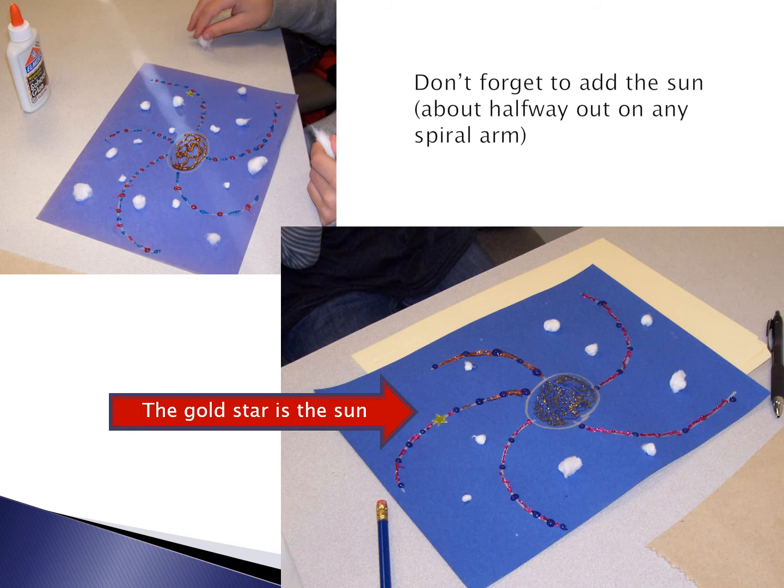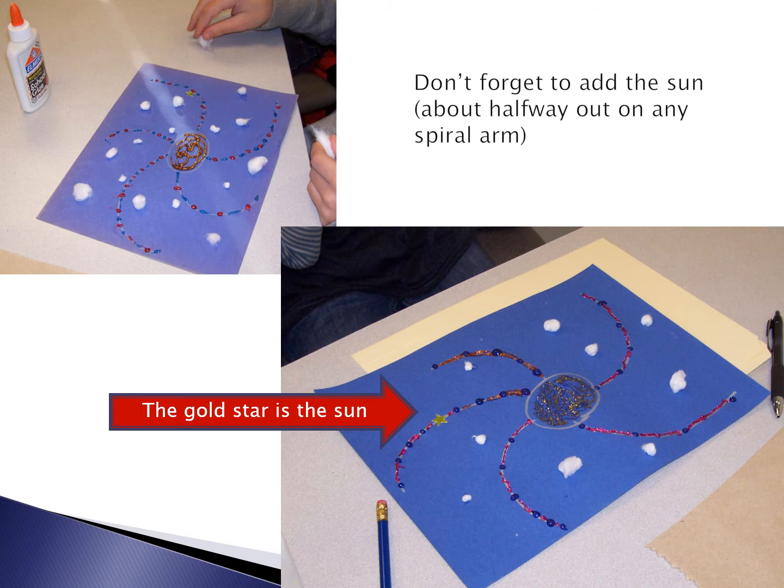If you have glitter glue or have access to glitter glue, that is best because that will make less of a mess. Notice I did not say that it would make no mess, just that it would make less of a mess. You also need some regular glue and you need some cotton balls. If you don't have cotton balls, you can use any quilting batting or anything that's like cotton balls.